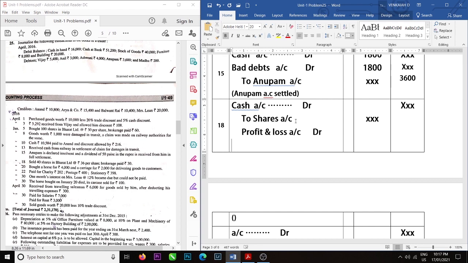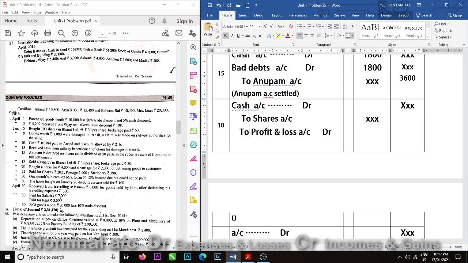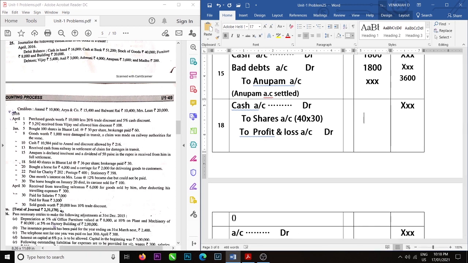Means the value of the share is 30 rupees only. It was sold for 36 rupees. How many shares sold? 40 shares. What is the value of a share? 30 rupees, which is equal to 1200.